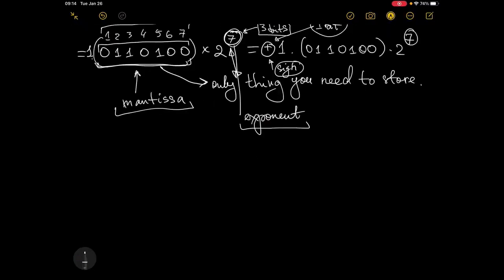This is what differs between different precisions of representation.